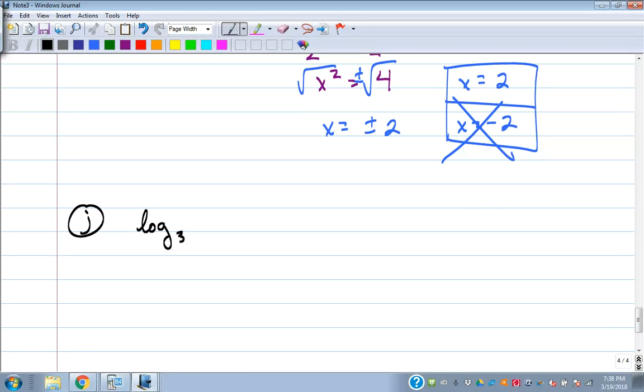log base 3 of 4x plus 1 minus log base 3 of x plus 1 equals negative 3.